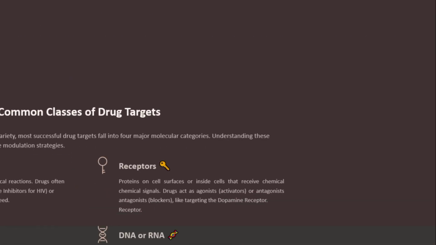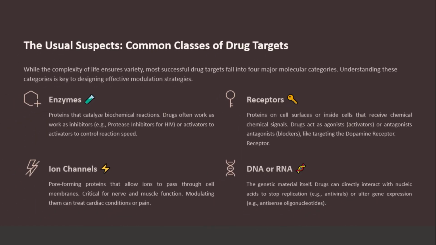So moving forward, the usual suspects: types of targets. We have common classes of drug targets. Who are our usual suspects? Enzymes that catalyze wrong reactions, receptors that overreact, and channels that leak signals.